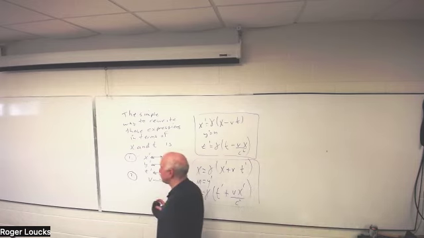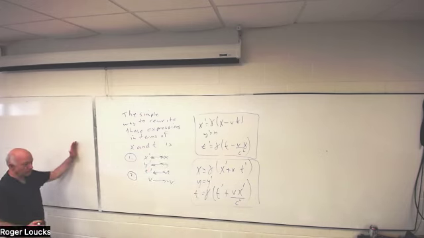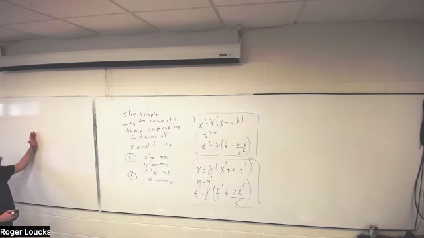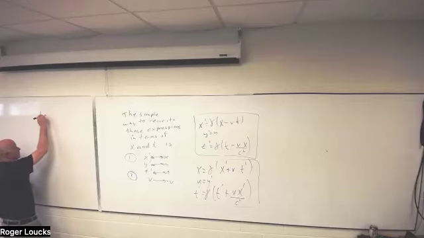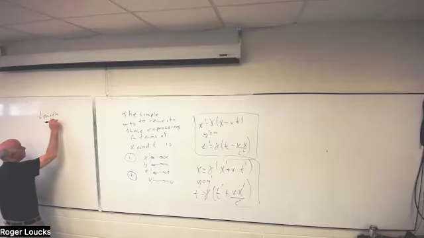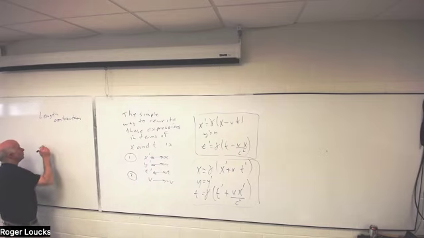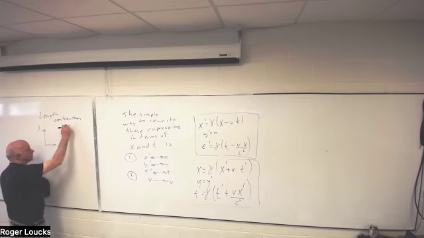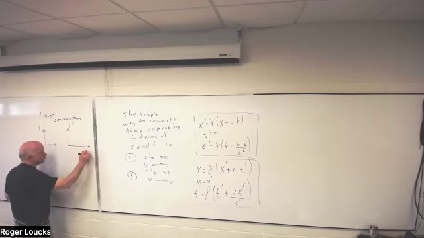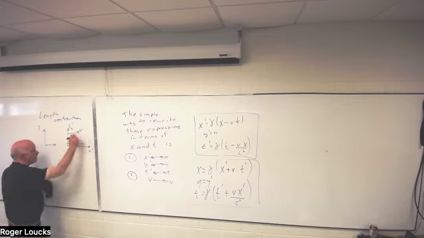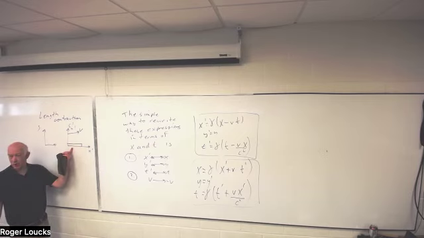Okay, so let's do the Lorentz transformation. Let's take length contraction first. So here is S. Here's S prime. And this is going to be a rod of length L_P at rest in S prime.